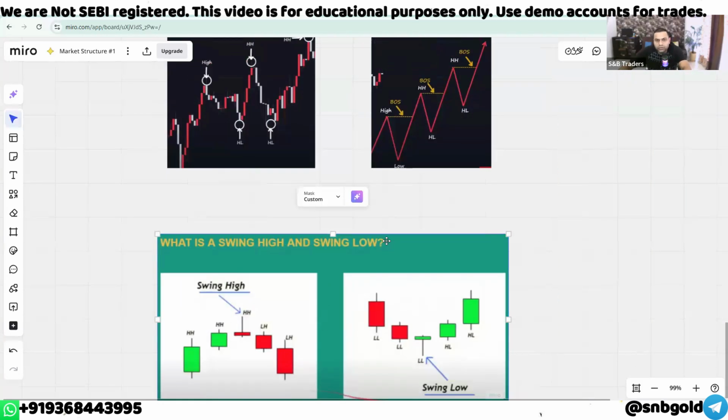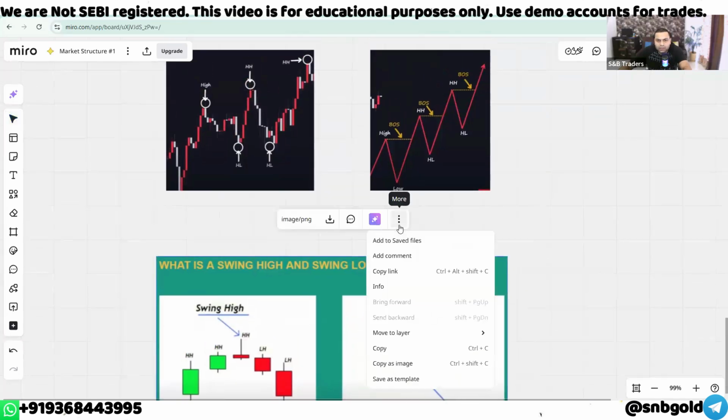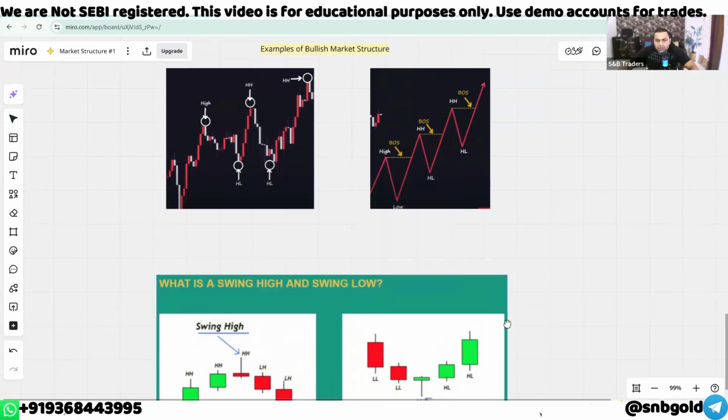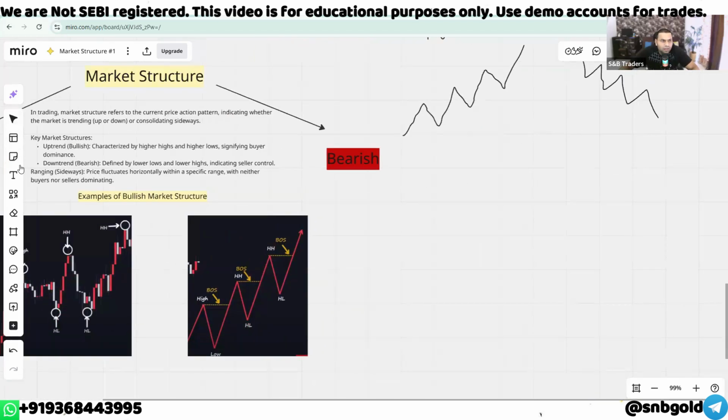First of all, we need to concentrate on higher highs and higher lows. Okay, this is what we are looking for right now. So in a bullish market, price moves like this.